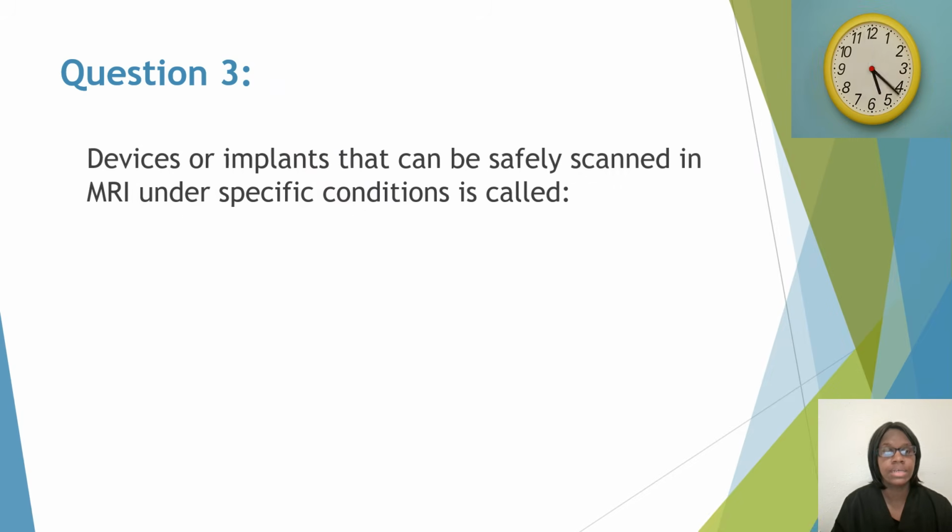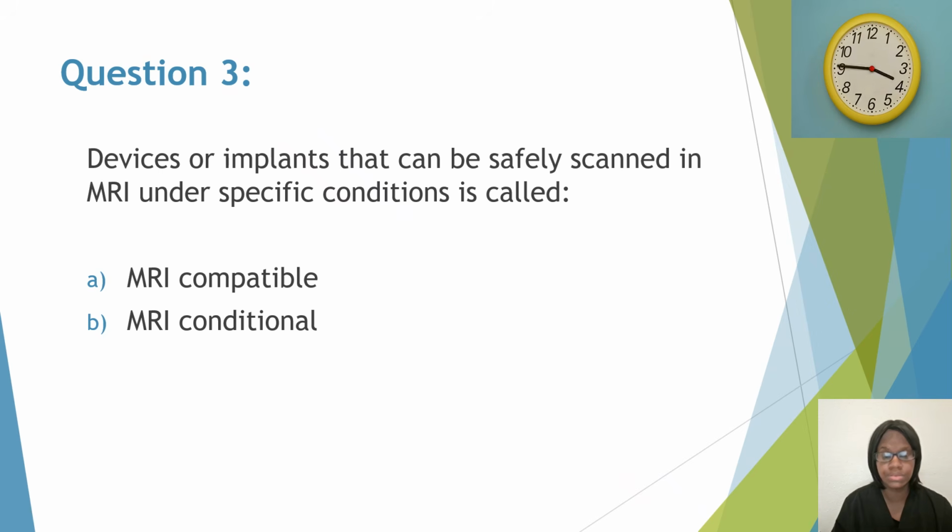Question 3. Devices or implants that can be safely scanned in MRI under specific conditions is called A, MRI compatible, B, MRI conditional, C, MRI safe, D, MRI unsafe.